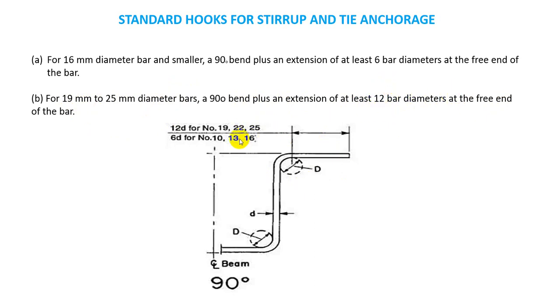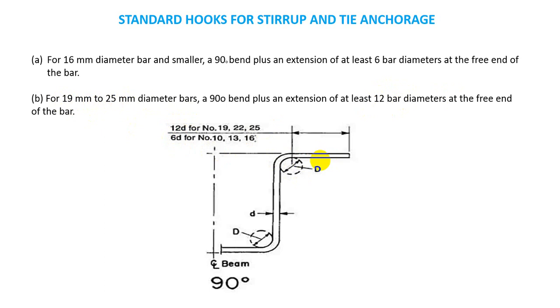That means for 19 to 25 millimeter diameter bars, we have to provide 12D. I mean 12 times the diameter of the bar we are providing as a stirrup and anchorage, right?